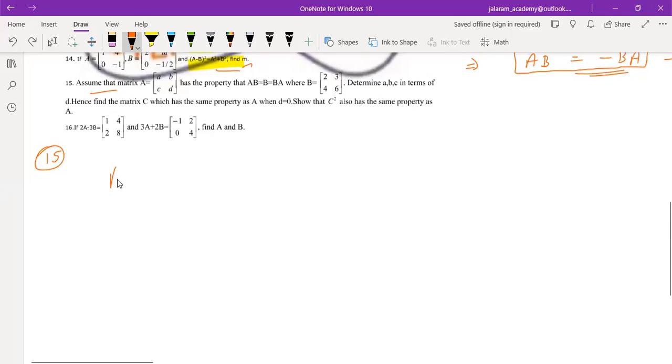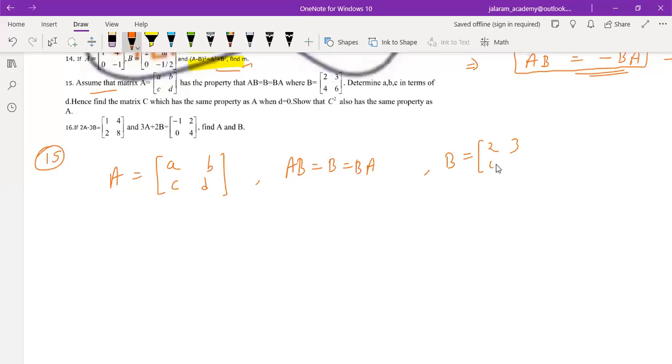assume that matrix A equals to A, B, C, D has the property that AB equals to B equals to BA, where B equals to 2, 3, 4, 6. Means which property does A have?